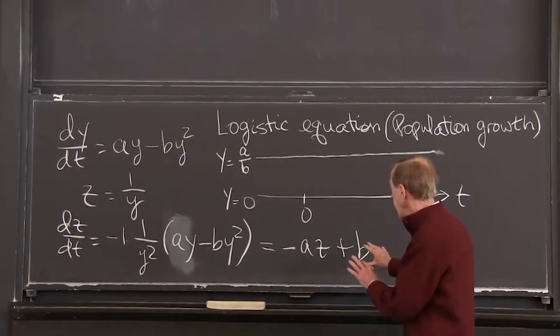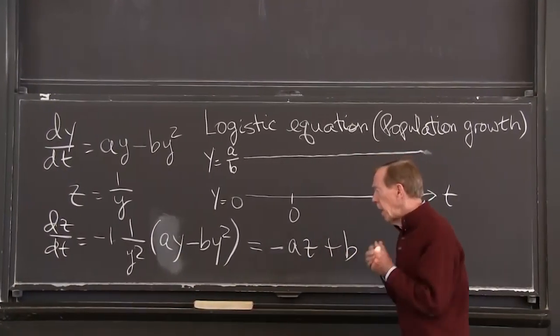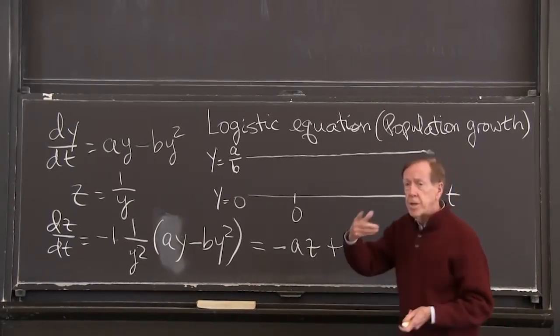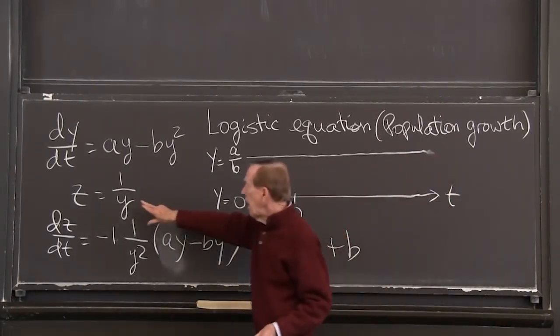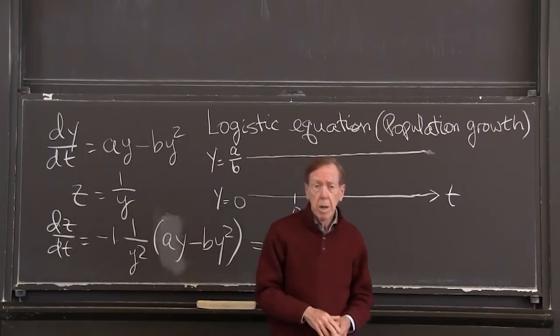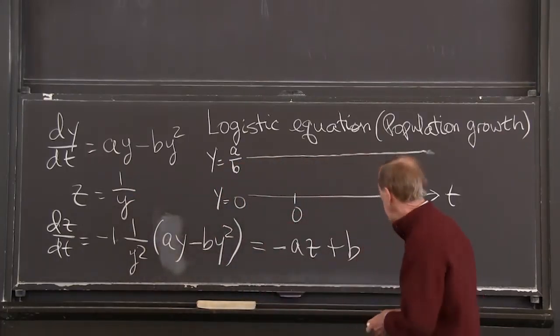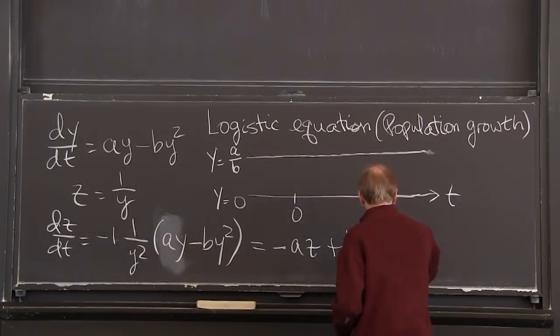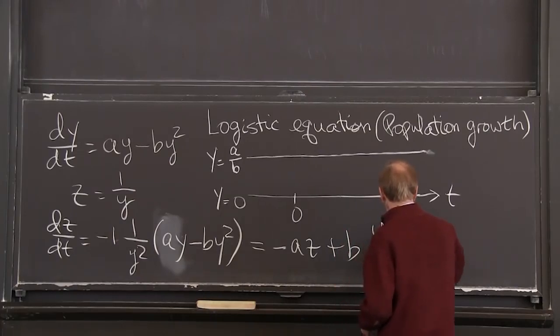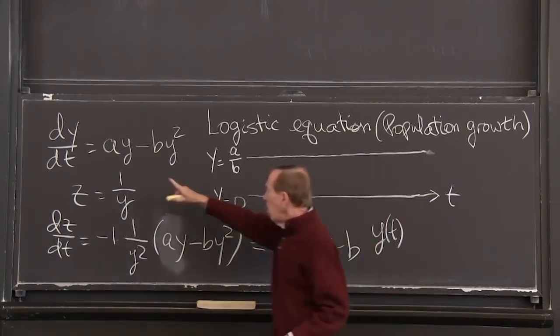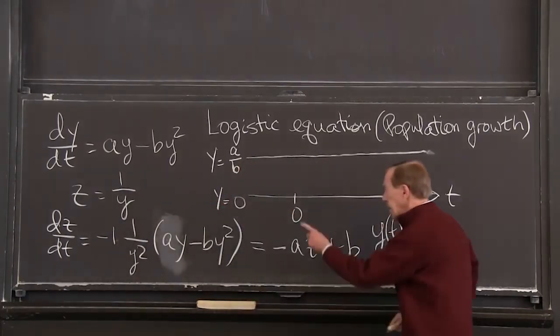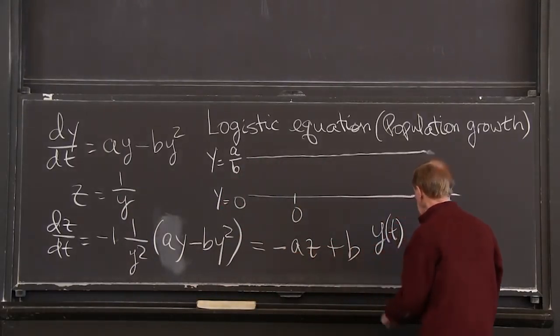And we know the solution to that equation. So I can write down the solution to that equation, and I will. Then I just take y to be 1 over that solution. I'll just write the answer y, which is 1 over z. And z is the solution to this equation.